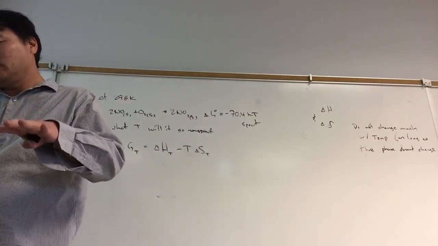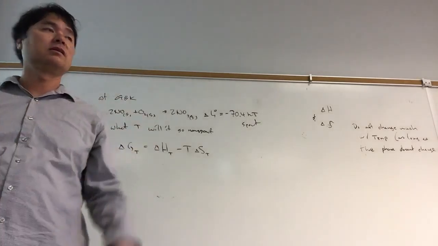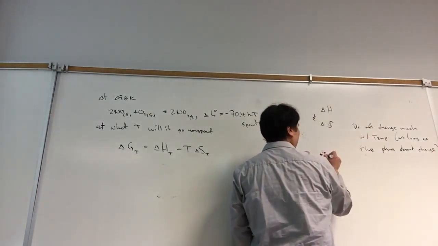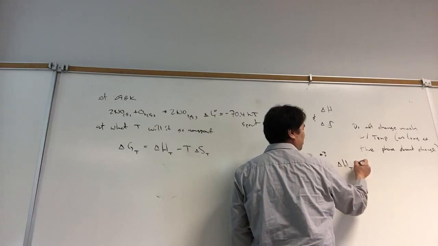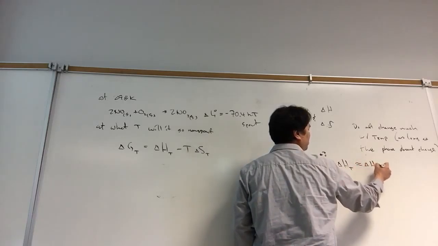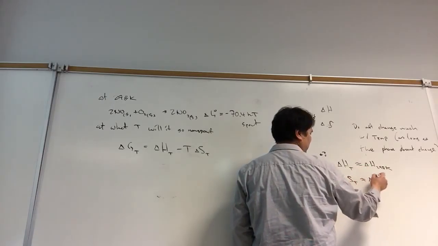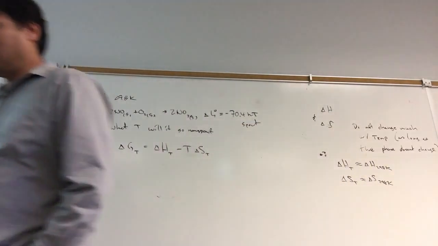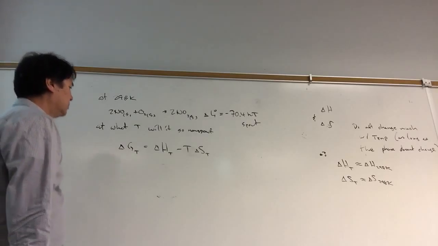Increasing temperature is going to increase the entropy of everything, so the deltas should be about the same. Therefore, delta H at any temperature is going to be about equal to delta H at 298 Kelvin, and delta S at any temperature will be about equal to delta S at 298 Kelvin. Of course, it'd be better if we knew the temperature and what the entropies and enthalpies are, but we're just going to assume this is going to lead to a little error, but it's okay.